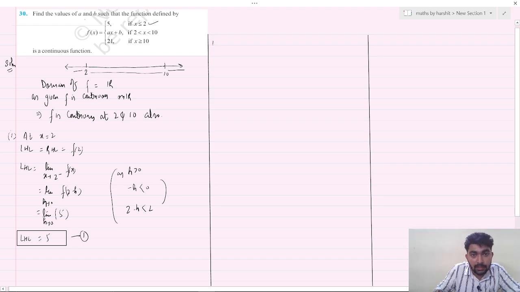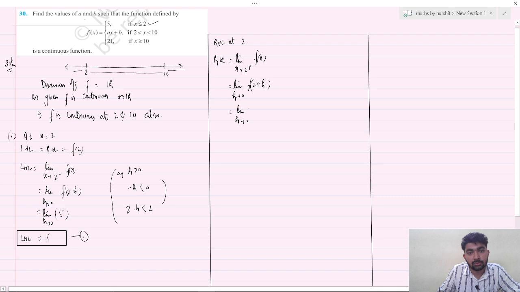Now the second one is your RHL at 2. How can we find it? RHL is limit x tends to 2 positive f of x, which is limit h tends to 0 f of 2 plus h.